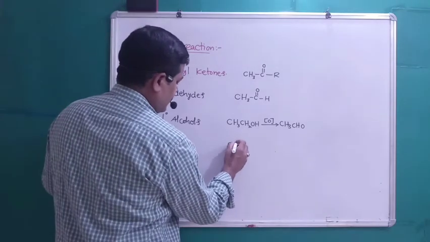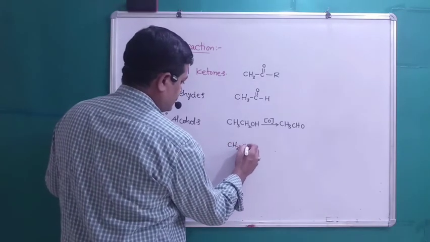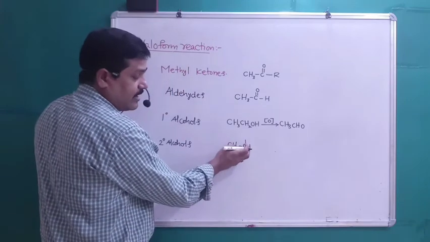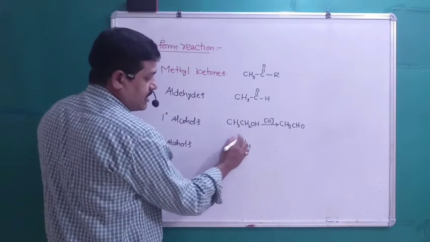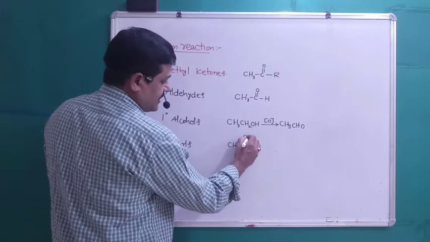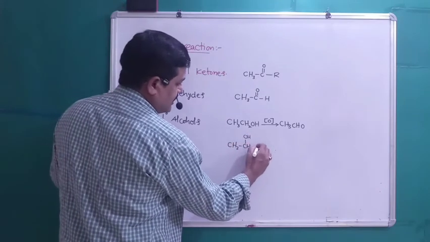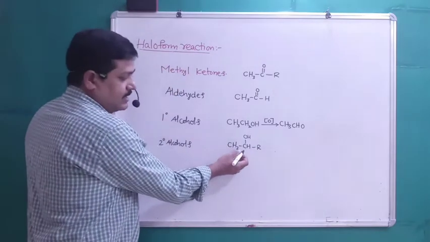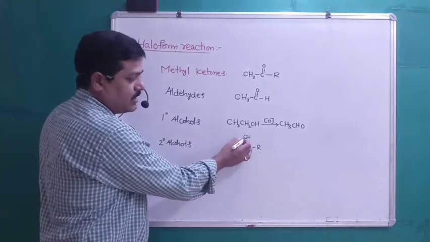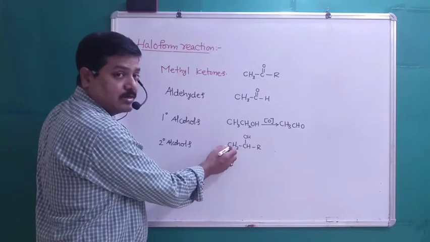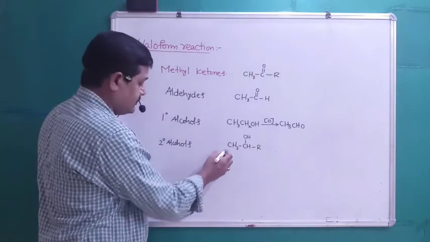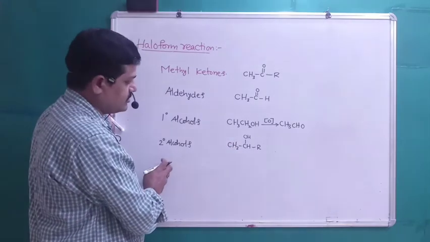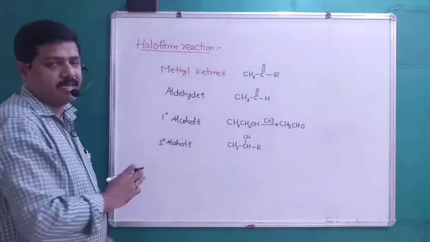Among the secondary alcohols, those which have a CH3 group on one side of the carbon bearing the OH group, with any alkyl group on the other side, also give the haloform reaction.